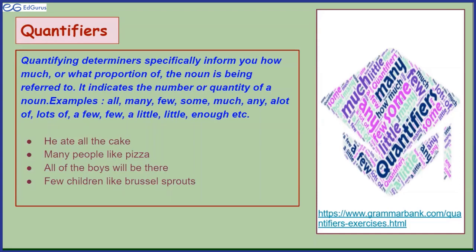All boys will be there. Again referring to the boys. Few children like Brussels sprouts. Few children. It is referring to children, so it is a quantifier. I hope it is clear. Yes, ma'am. But there are n number of quantifiers which we need to practice, and we'll practice here.